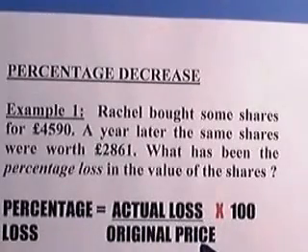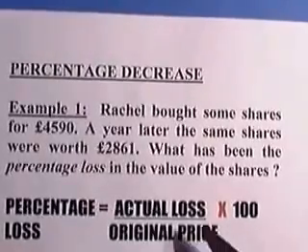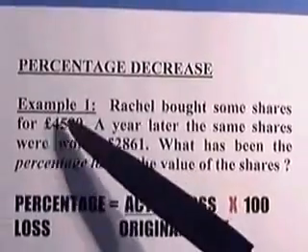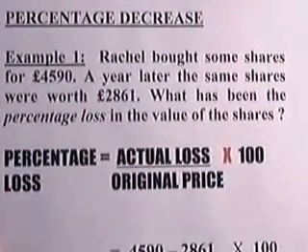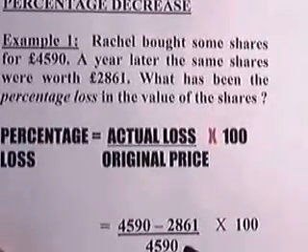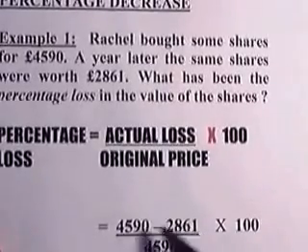Percentage loss is the actual loss divided by the original price times 100. In this case, the actual loss is going to be this figure taken away from that figure, and so there we have it in the numerator, divided by the original value, there it is, times 100.